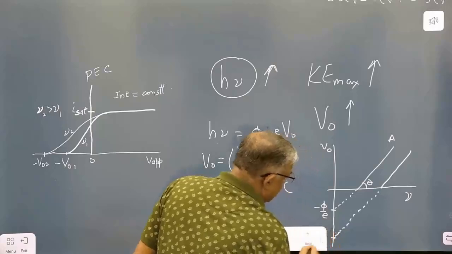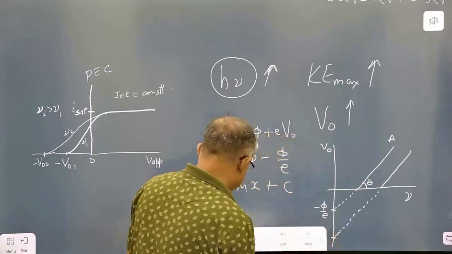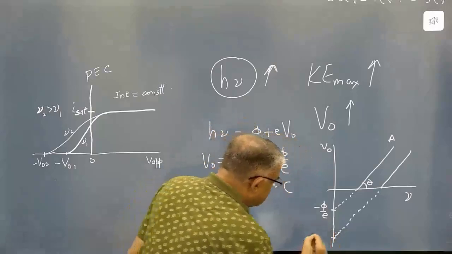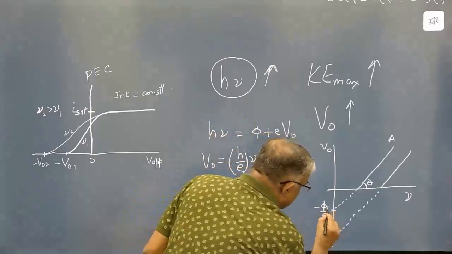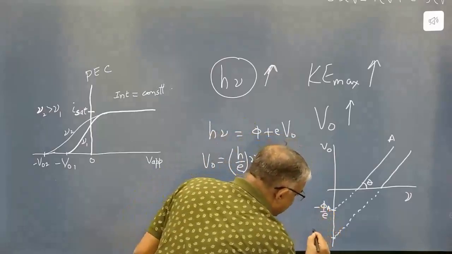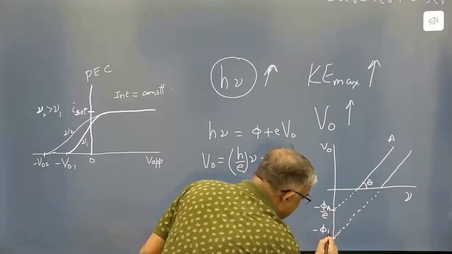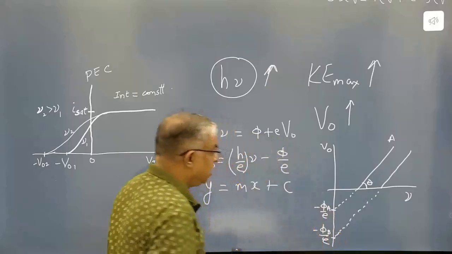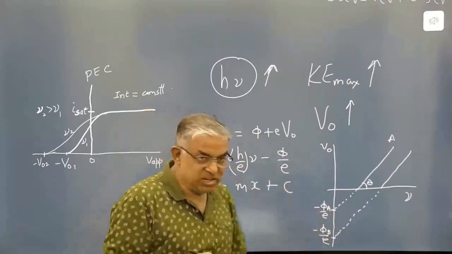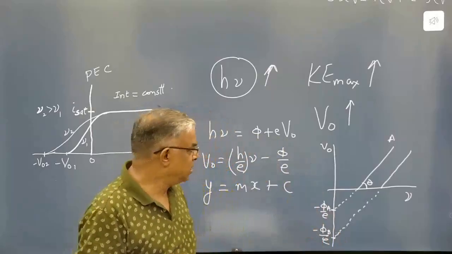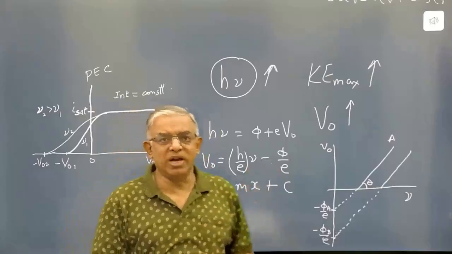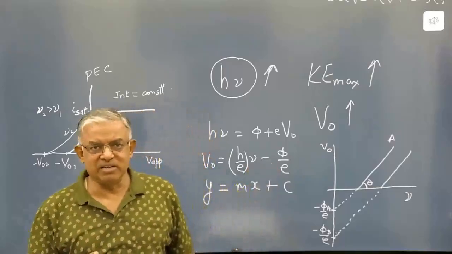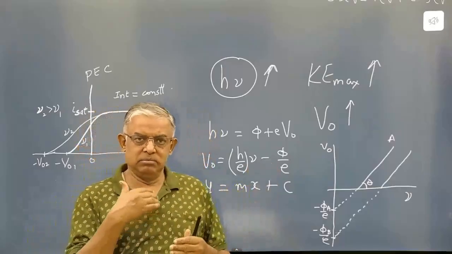Intercept will change because there is another metal now. Instead of metal A, we have metal B, and for metal B, the work function is different. So in this way, Einstein could explain the photoelectric effect through and through.